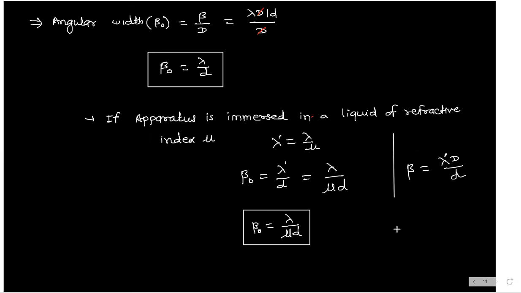Understood. This is beta naught, and this is beta. What is beta and what is beta naught? Beta is fringe width. Beta naught is angular width. Okay. Right. Note down fast.